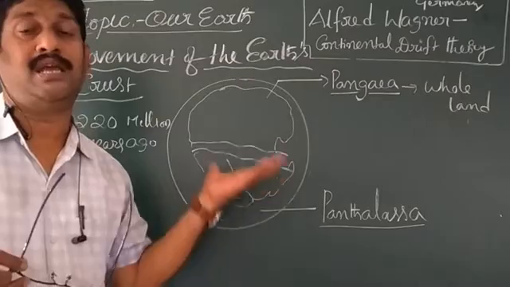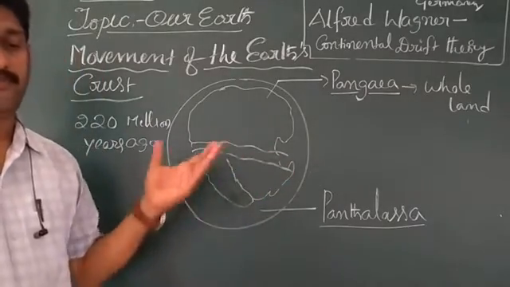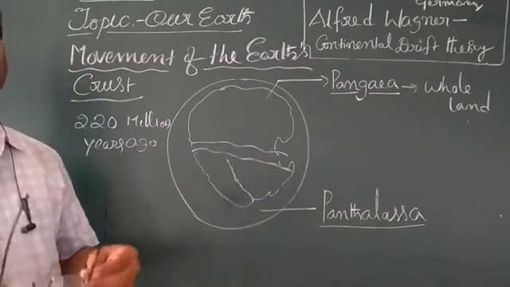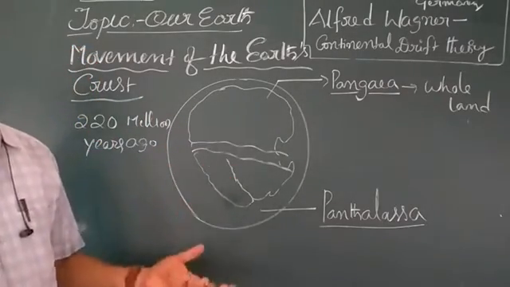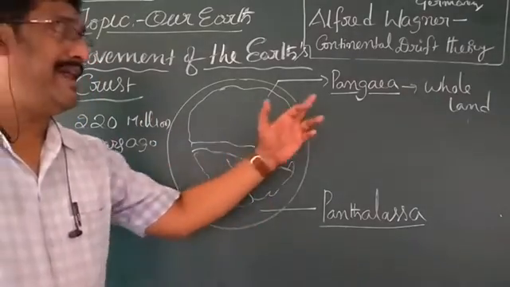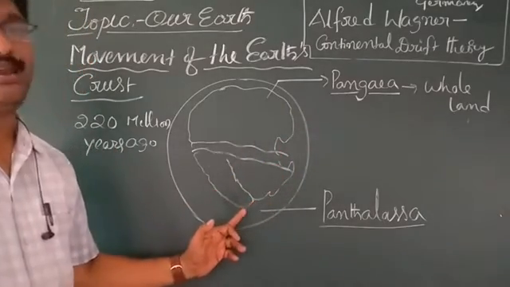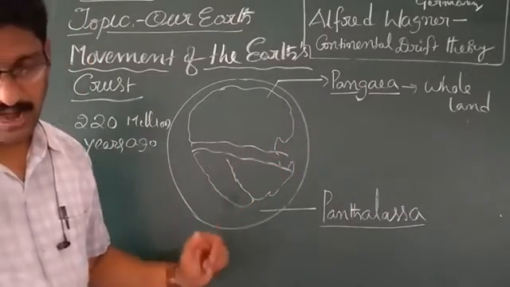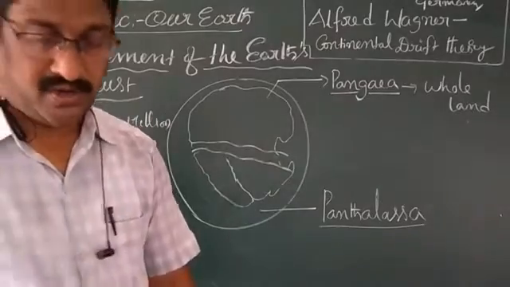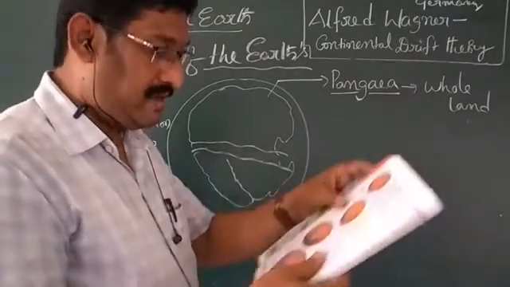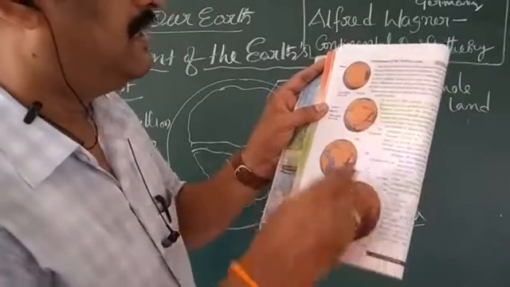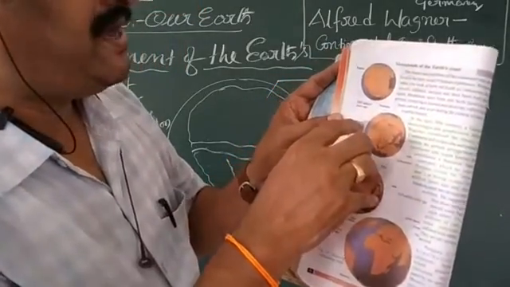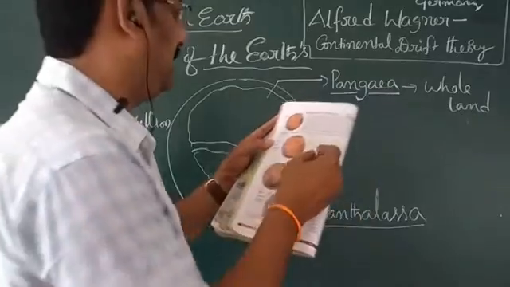The supercontinent of Pangaea broke up into different parts with separate names like Laurentia and Gondwana. In your textbook also you can see here, page number 6, Laurentia and Gondwana.